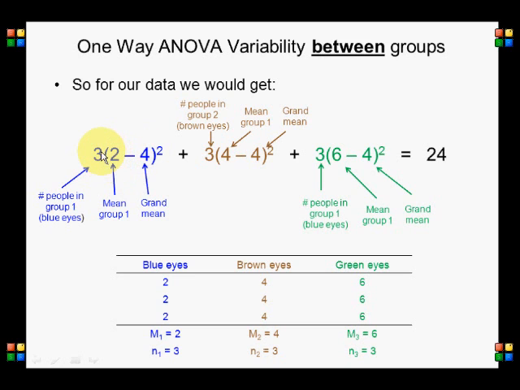So for the blue people, I have 3 people times, parentheses, my mean of the blue-eyed people's aggression of 2 minus the overall mean of 4, squared. And if I do that, 2 minus 4 is negative 2, squared is 4.